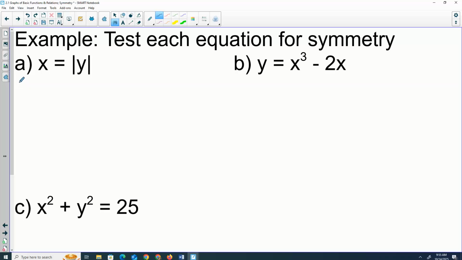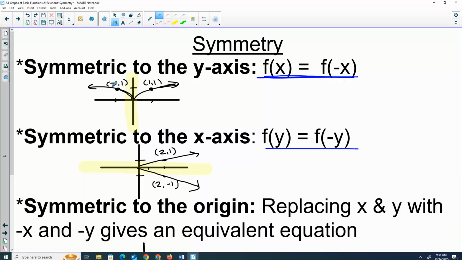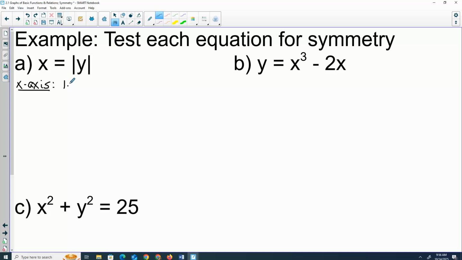If I want to check symmetry to the x-axis, what we just said on the previous slide was if it's symmetric to the x, then whether y is positive or negative, we get the same thing. So what we're going to do is replace y with a negative y.